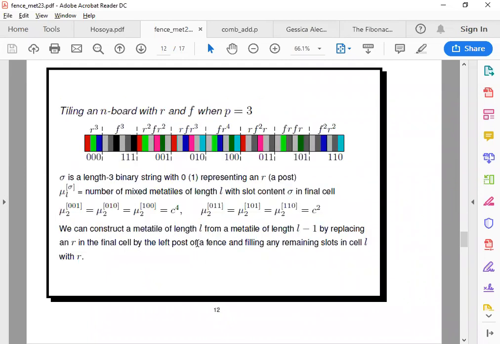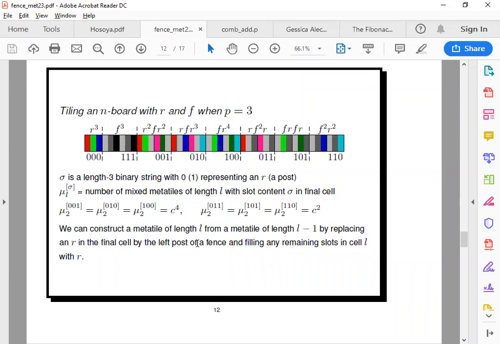Now, when we go to the p equals 3 case, life gets a bit more difficult. There's no nice pattern to the meta tiles. So we have to have a different strategy, which is we actually look at the ending of the meta tile, and you can see what I've done.